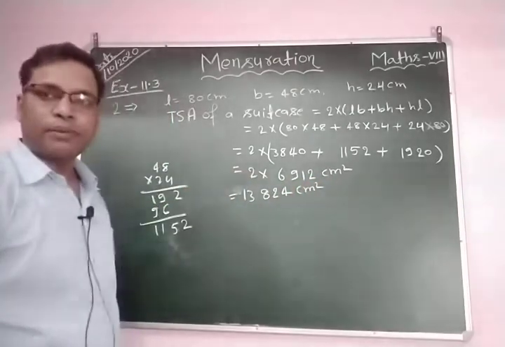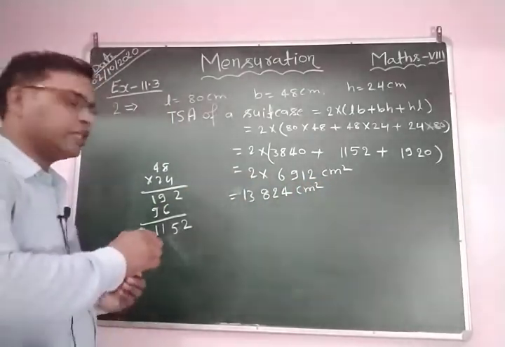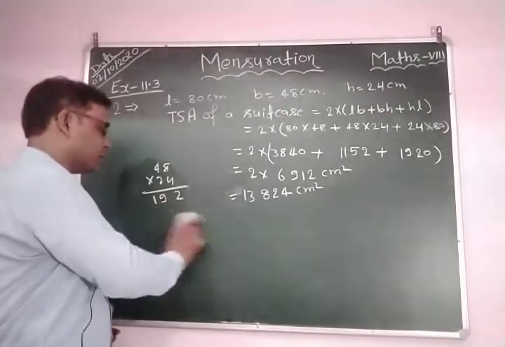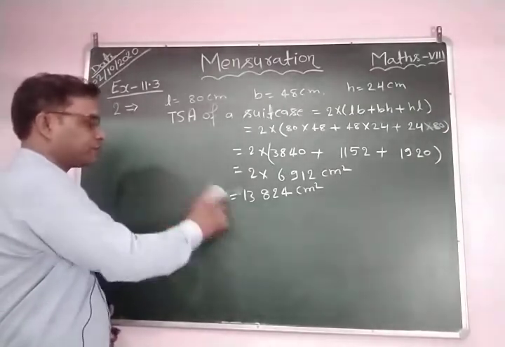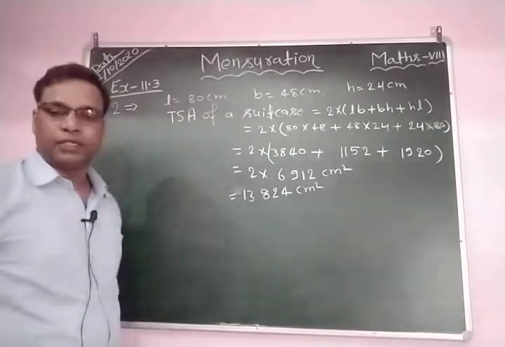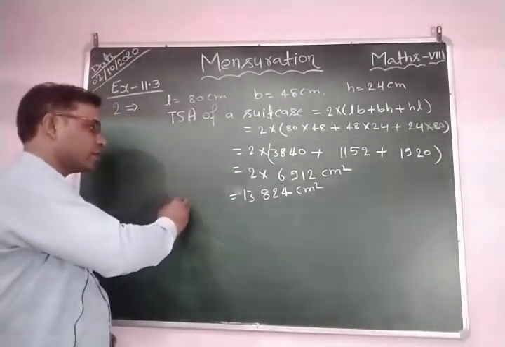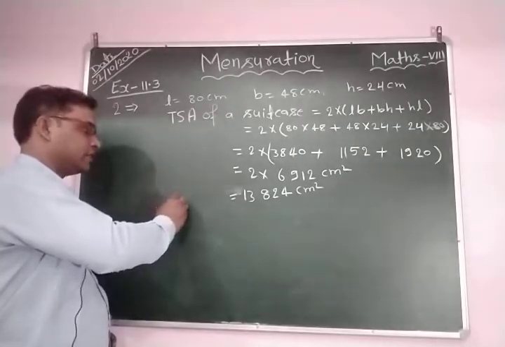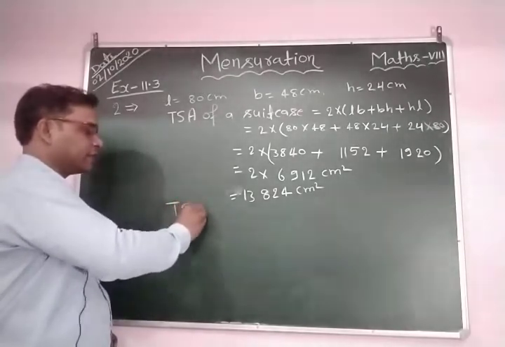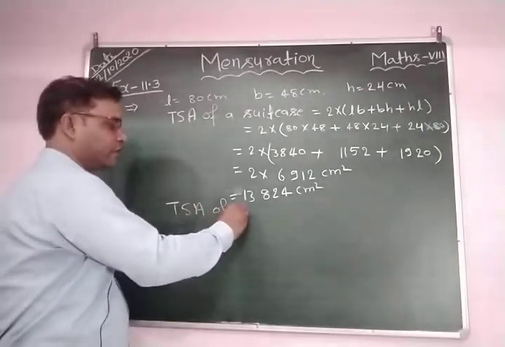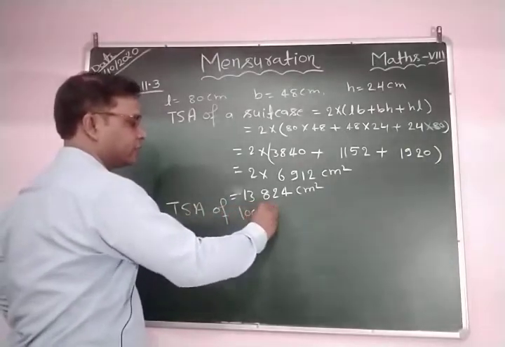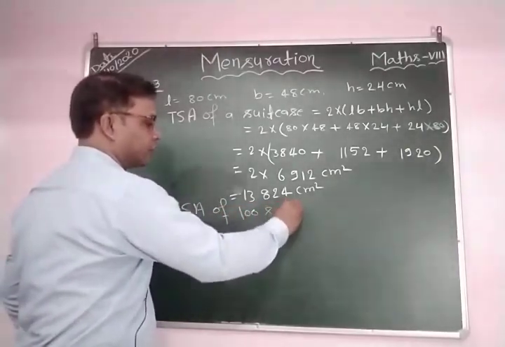This is the area of one suitcase. But we have how many suitcases? 100 suitcases. So we find here the TSA of 100 suitcases.